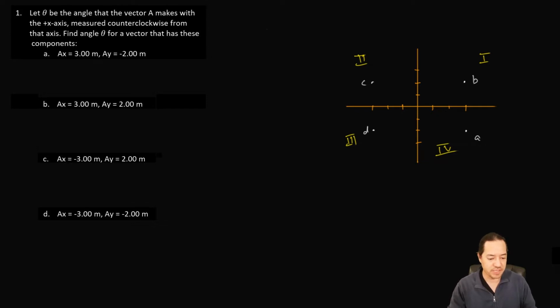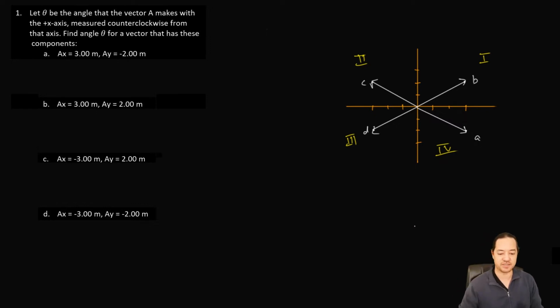So if I wanted now to draw these vectors, I could do them pretty simply, something like that, and that, and that, and that. Okay, roughly speaking, right? Nothing too perfect. We've got 4 vectors here for these parts, A, B, C, and D.